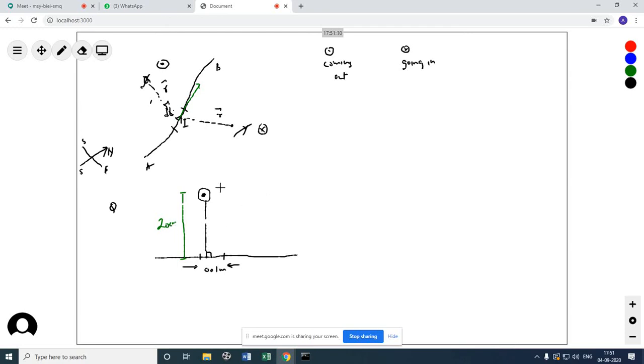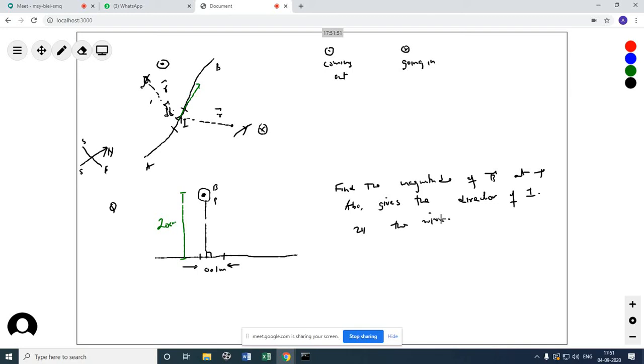Find the magnitude of B at P, and also give the direction of I in the wire. Can you?